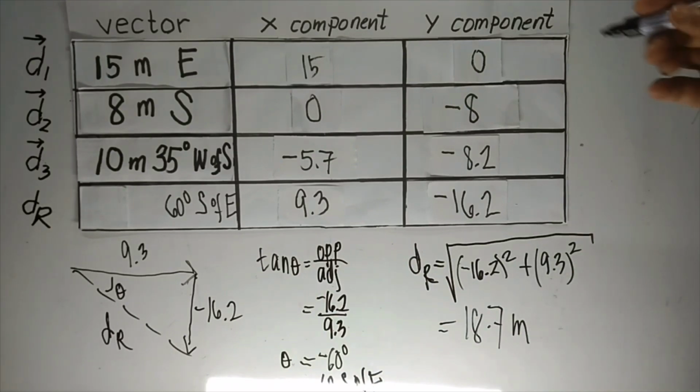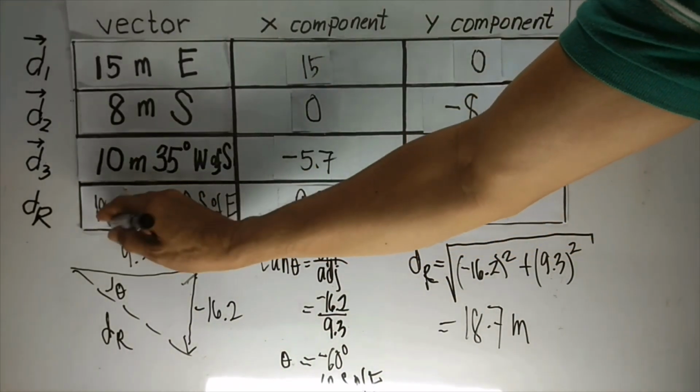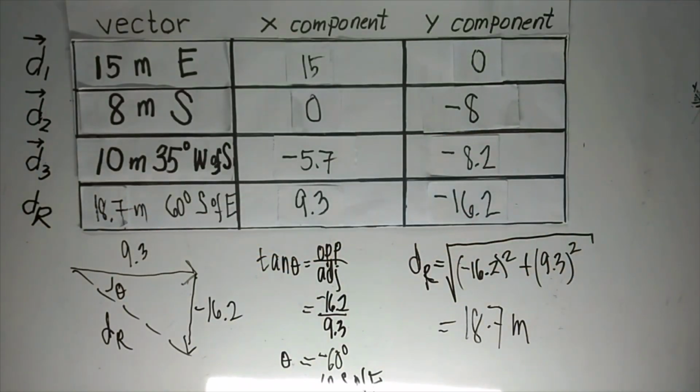So, the resultant displacement therefore will be 18.7 meters, 60 degrees south of east.